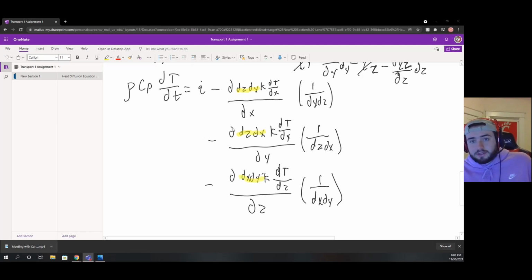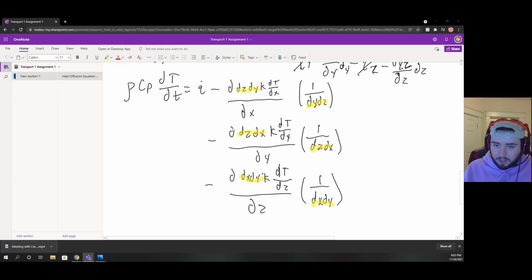And you'll also notice that when we bring those terms out, they will cancel with all of the areas. We can also bring out the thermal conductivity because in this instance, we're going to treat it as a constant, but that's not true for all scenarios because it just depends on the surface and the volume that you're working with. But for this instance, we're going to bring it out.